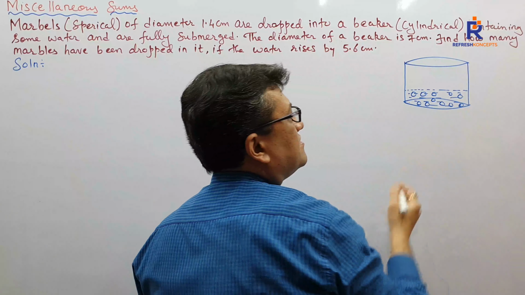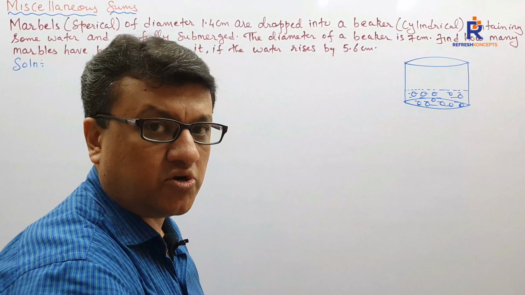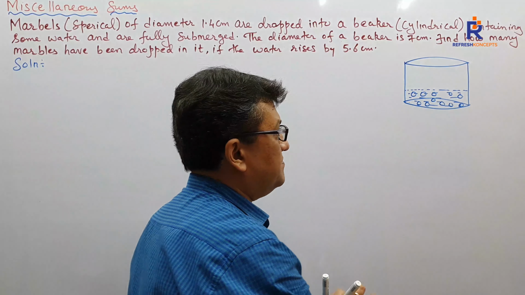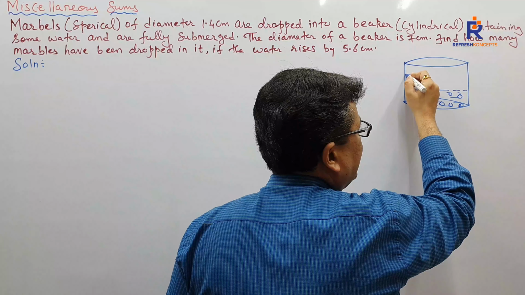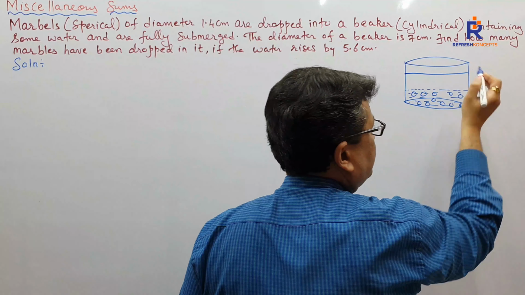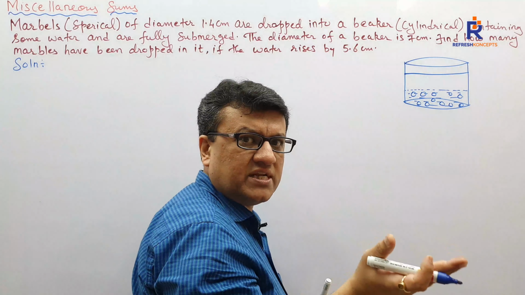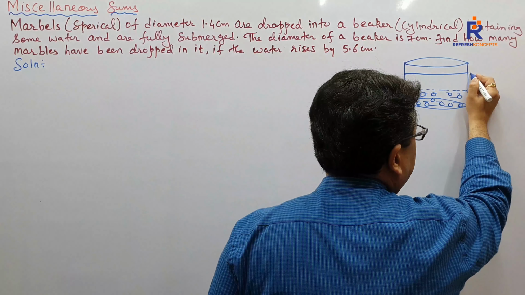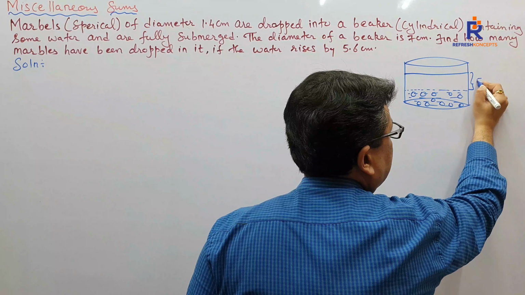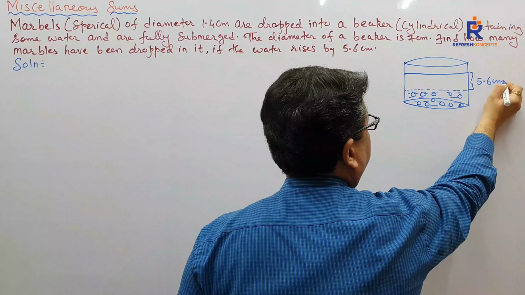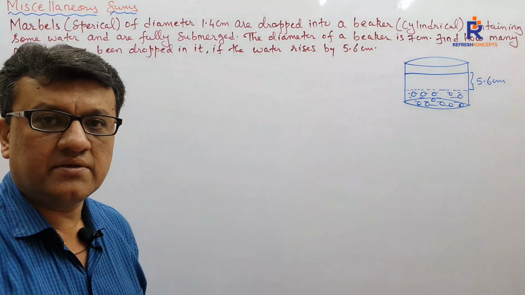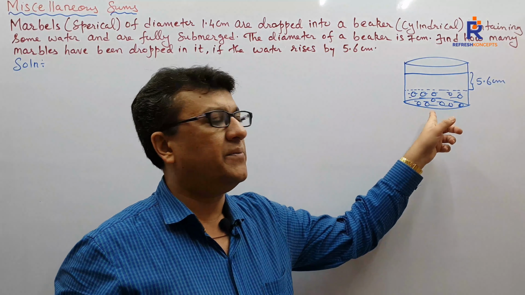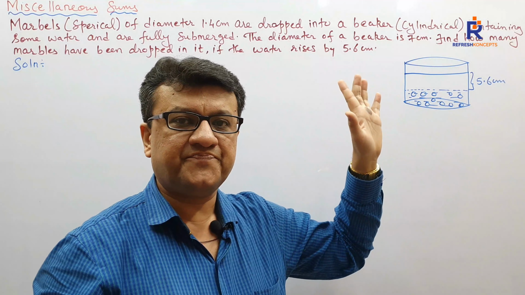The moment n number of marbles are dropped, the rise in the water level is this much. But naturally, there is going to be a rise in water level. They say it rises by, so this is the height which is given to us, 5.6 centimeter. I'm supposed to find out how many marbles have been dropped.